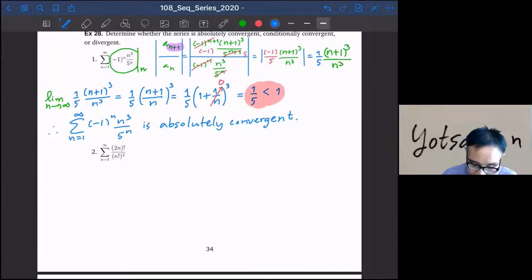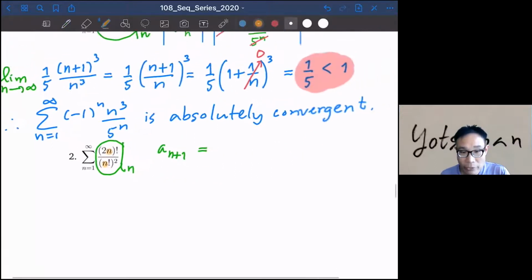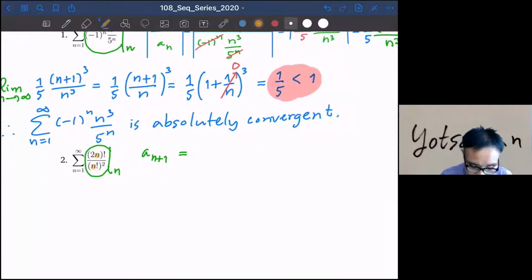So you have your a_n here, and you're going to first begin with a_(n+1). For a_(n+1), you're going to replace n with n plus 1, and you see that you have two places for n, this guy and this guy. So you're going to replace them with n plus 1. So be careful on this one a little bit.